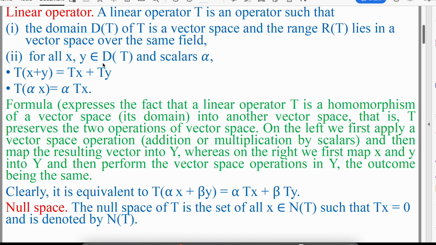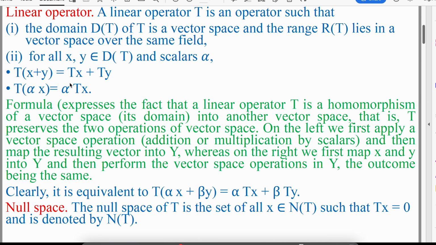Whereas on the right we first map x and y into y. We operate T on x and then we operate T on y, and then we add the resulting vectors. Here also first we operate T on x and then we multiply the resulting vector by alpha.